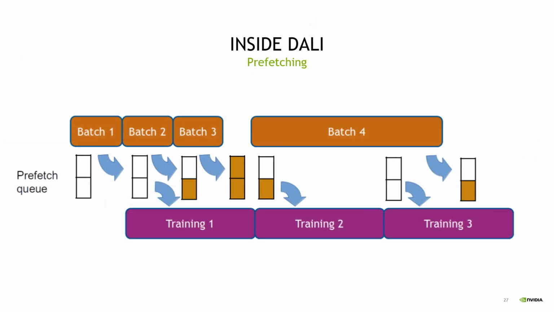What happens within DALI is that DALI is capable to create different buffers that you can tune how big they should be to create queues, prefetching queues. So training 1, training 2, and training 3, these are the steps of your training loop. You can start doing batching, for instance. You can create a sort of parallel pipeline for prefetching data.